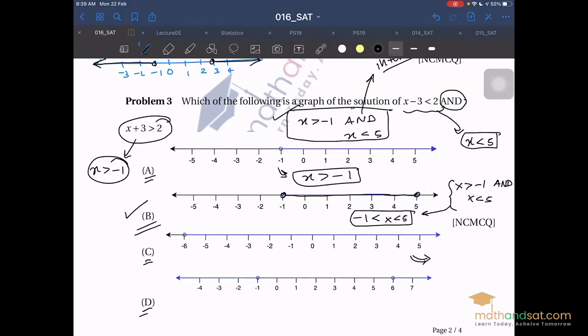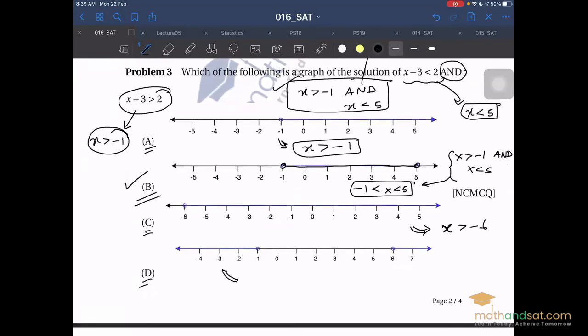Yeah, it says x is greater than -6. What about option D? Yeah, that's right, Robin. Option C is x greater than -6. What about option D?